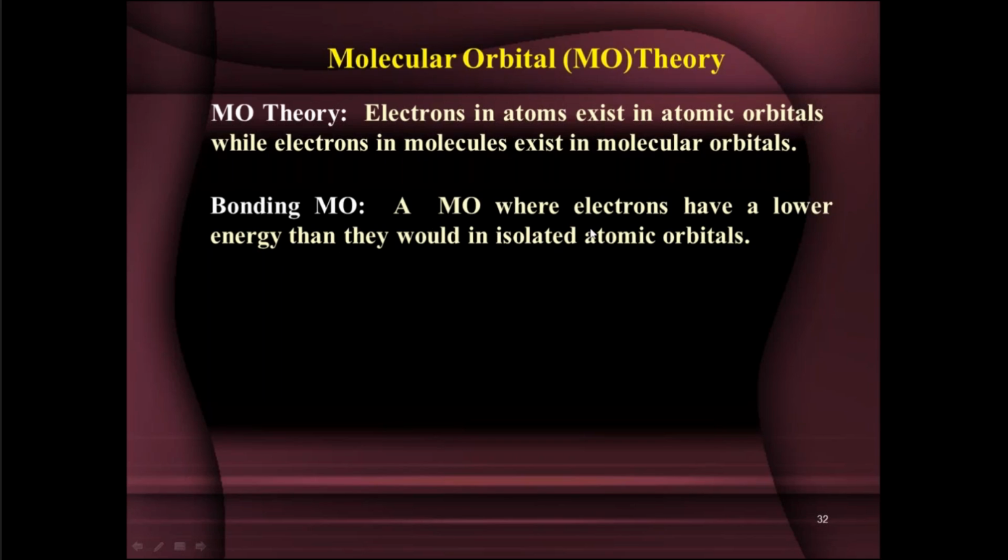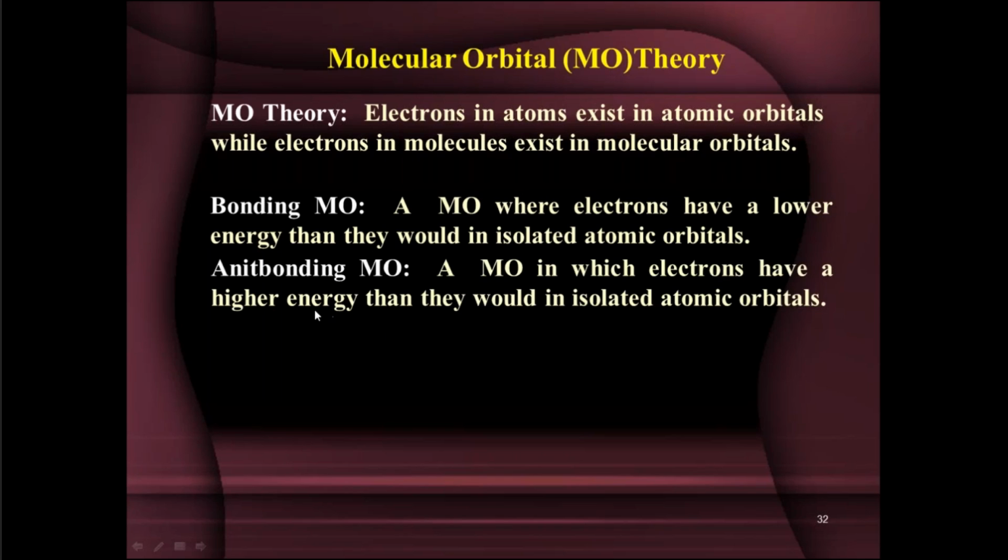A molecular orbital where electrons have a lower energy than they would in isolated atomic orbitals. So a bonding orbital is a molecular orbital where electrons have lower energy than they would in isolated atomic orbitals.